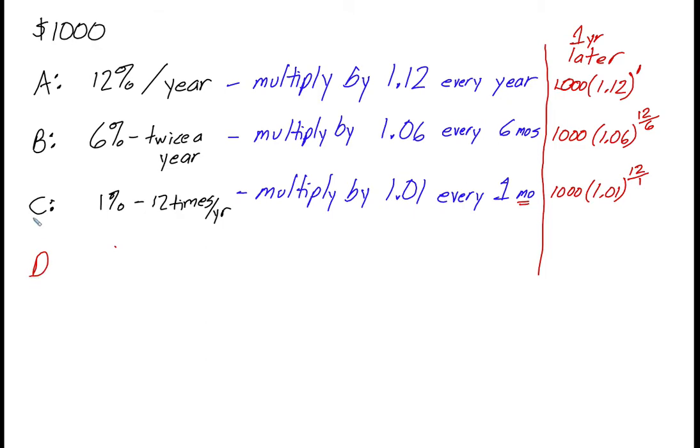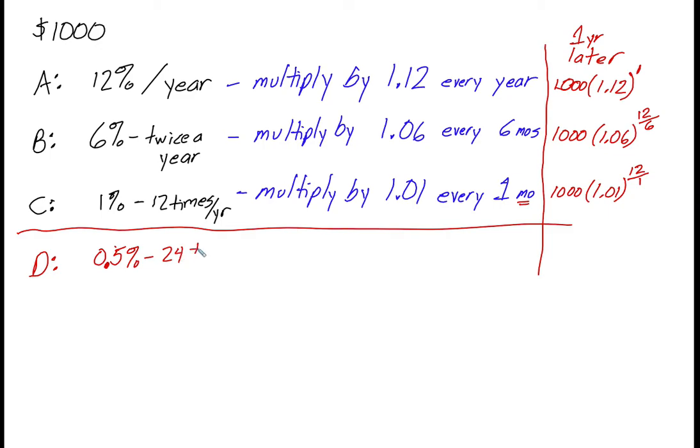So we're going to have a new bank here that only gives us 0.5%. Whoops. That decimal point is in the wrong place. 0.5%. But it does it 24 times a year.